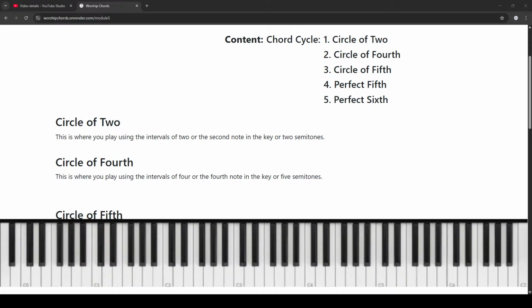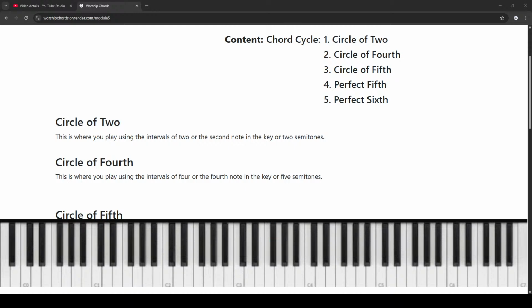This circle of 2 is where you play using the interval of 2. For example, today we are going to use the key of F sharp and the key of D. If you're using the key of F sharp, on the circle of 2, the notes inside the F sharp, you remember note 1, note 2, note 3, note 4, note 5, note 6, note 7, and note 8.